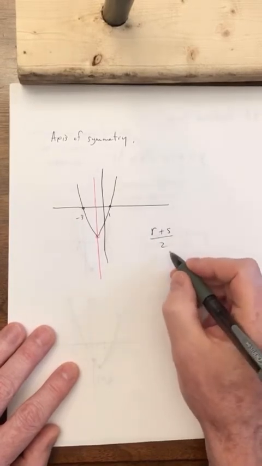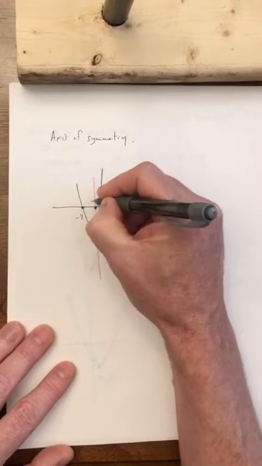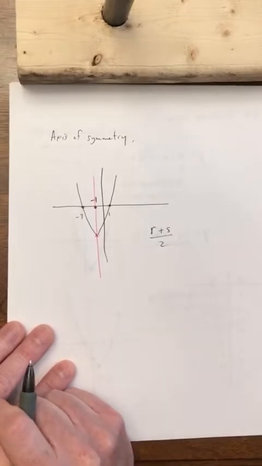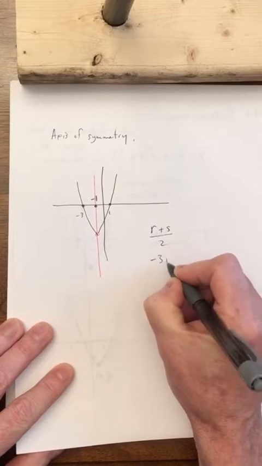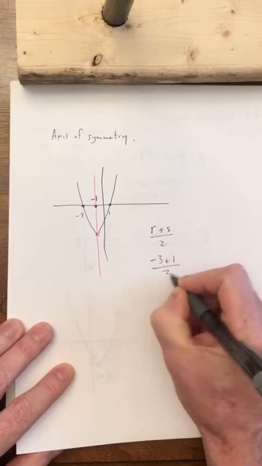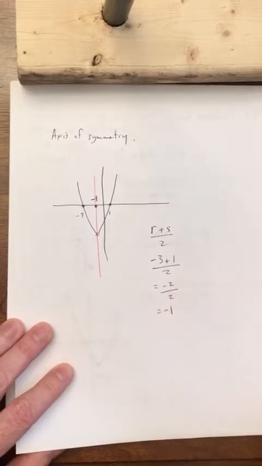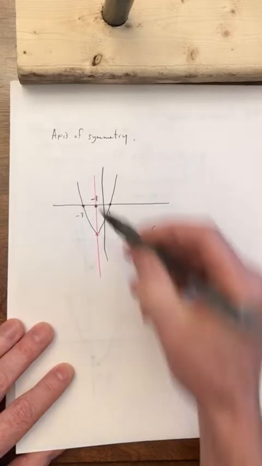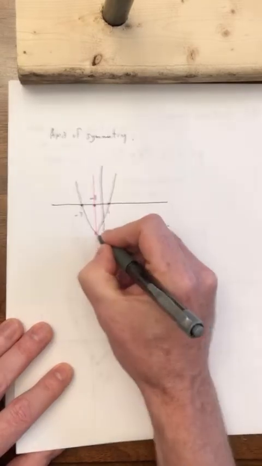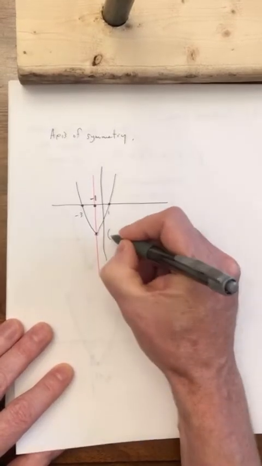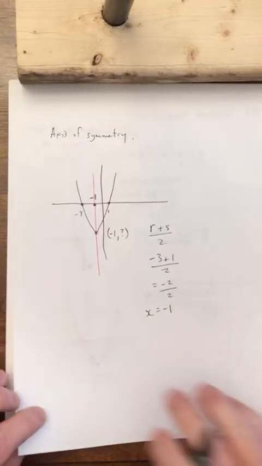So in that last case there, -3 plus 1 divided by 2 equals -2 divided by 2, which equals -1. So that lets us know our axis of symmetry goes through -1. So for our vertex here, we know half of its location. We know the x value is -1. We just don't know the y value. And I'm going to show you how to get that as well.